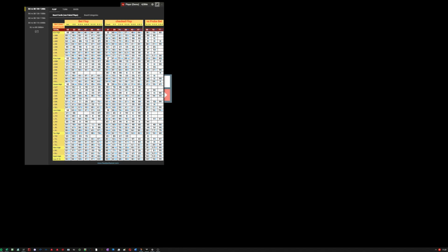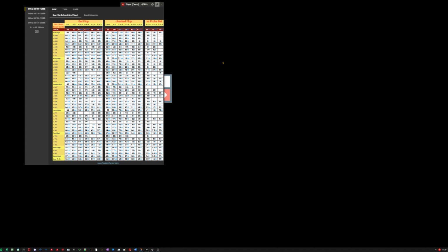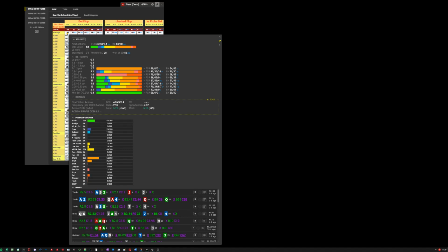But if you are an owner of a Hand2Note subscription plan, so in other words, you have paid for Hand2Note, you can use board groups, postflop diagrams, boards, and bet sizes.